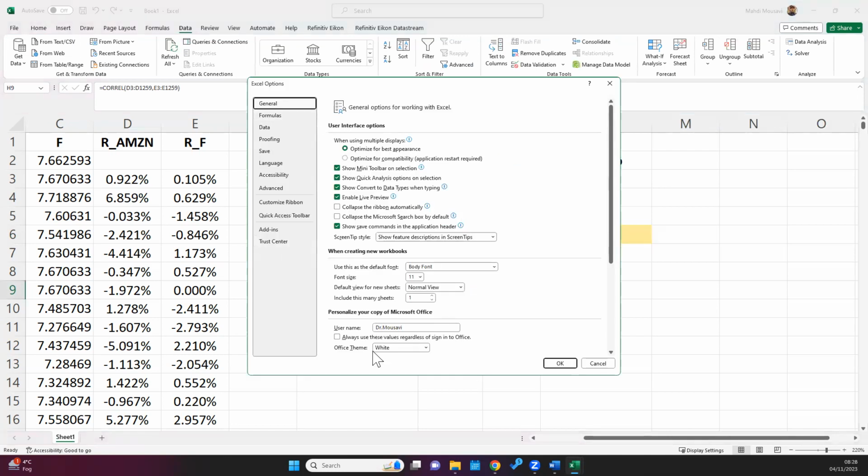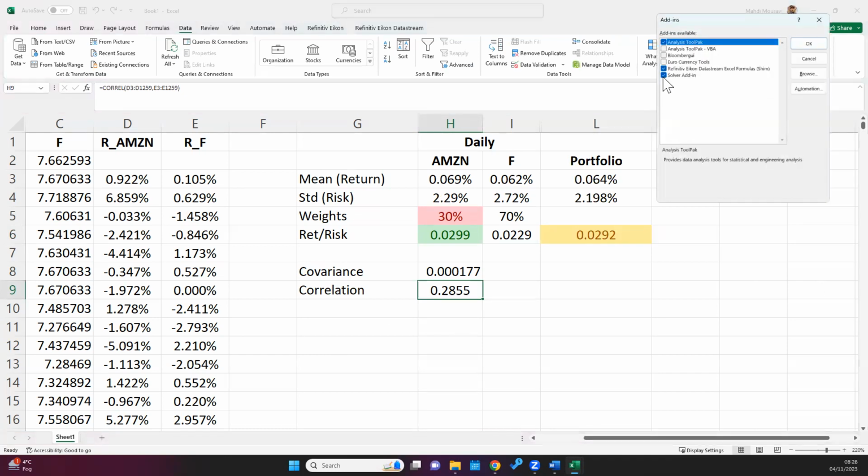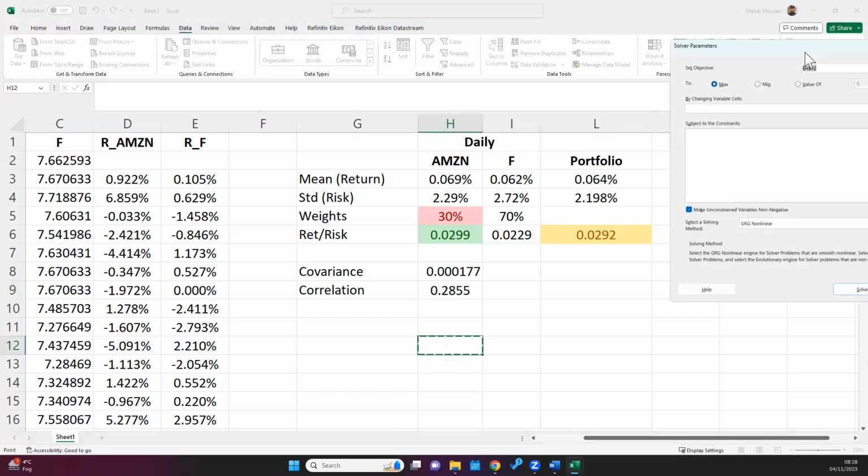And here, go to Add-ins, scroll down to Add-ins, press Go, tick Solver Add-in, and press OK. In that case, you would have Data Analysis and Solver here. If you want Data Analysis, you need to tick Data Analysis as well. So now we click Solver.